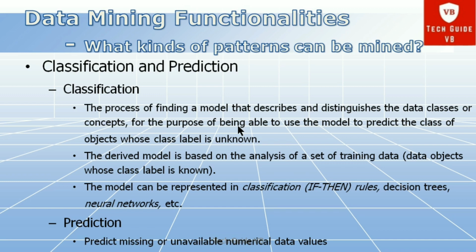So the model can be represented in classification by if-then rules, decision trees, neural networks, etc. And for the prediction, we are predicting the missing or unavailable numerical data values on the basis of the classification or the known entities, that is the training.